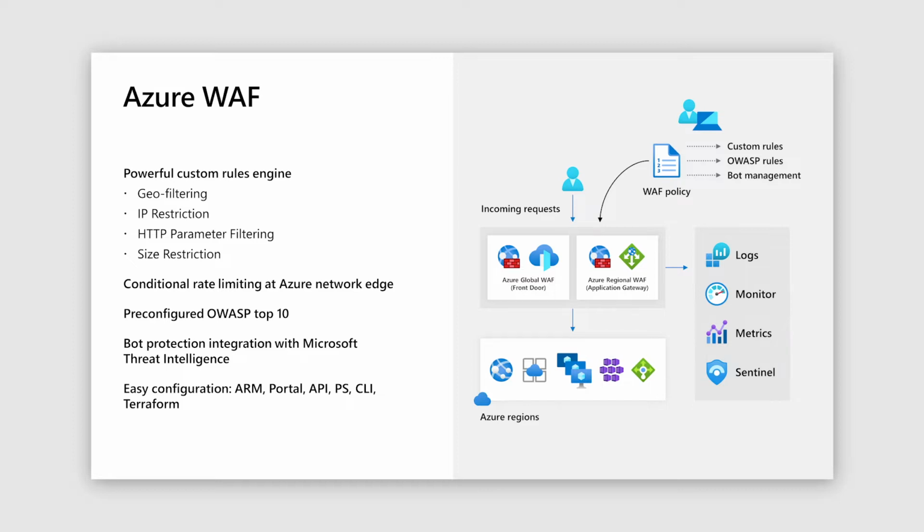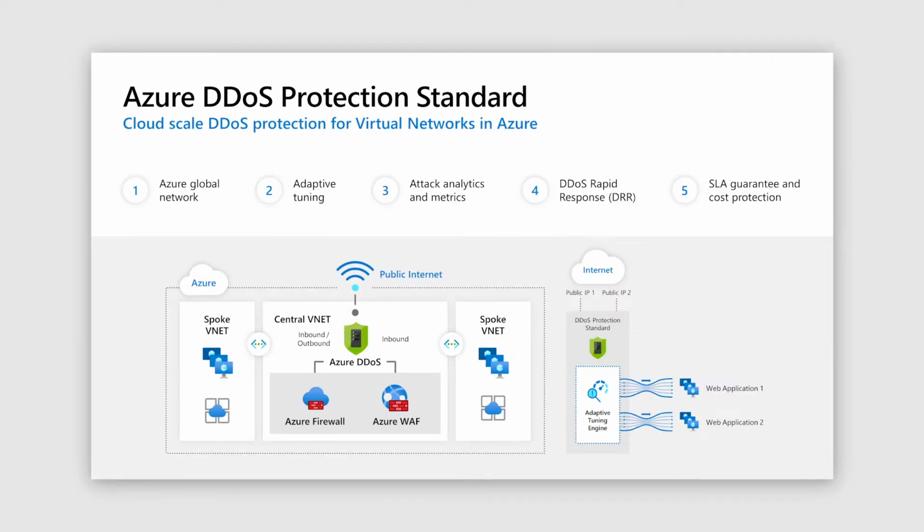DDoS Protection Standard is a service that is above and beyond what we provide as the DDoS Protection Basic service that comes with Azure. DDoS Protection Basic will cover Azure itself from volumetric DDoS attacks. However, DDoS Protection Standard is recommended to be enabled when you have workloads running within Azure that you want custom protection for.